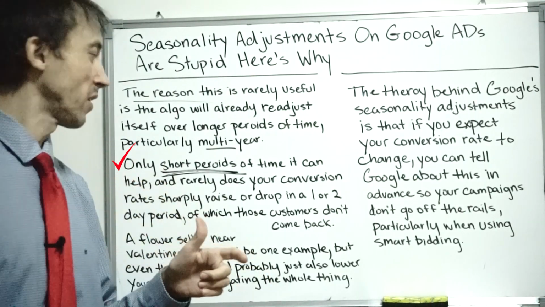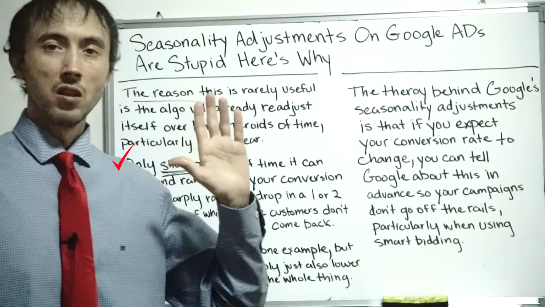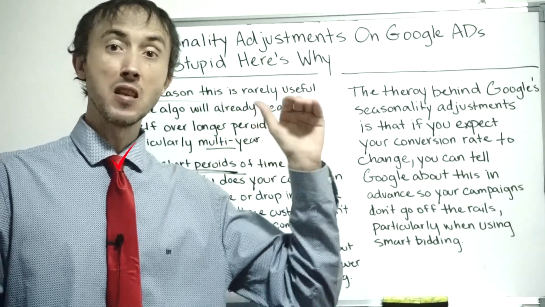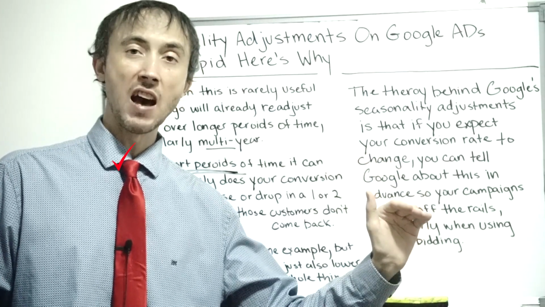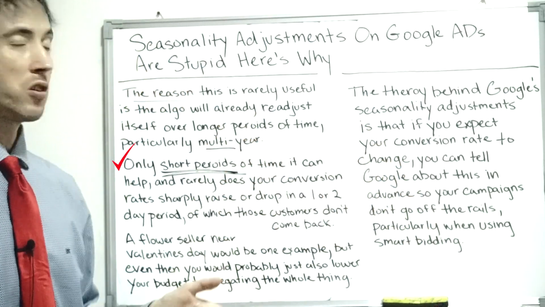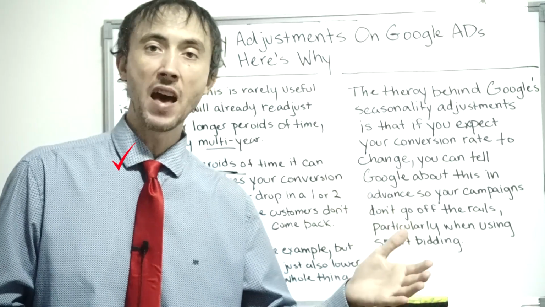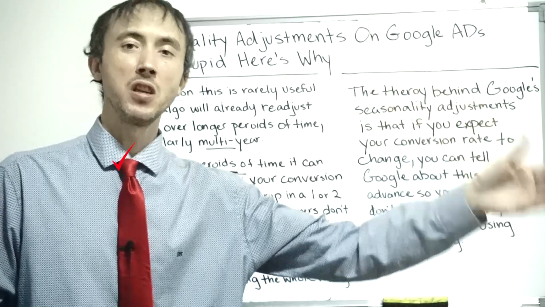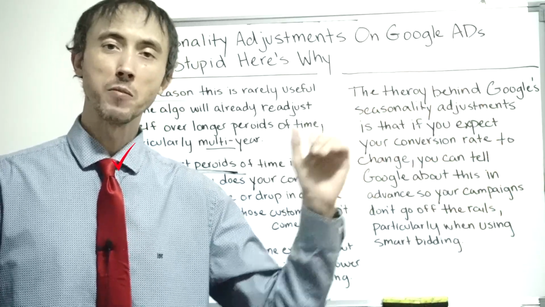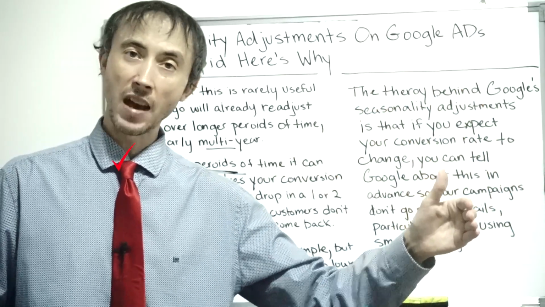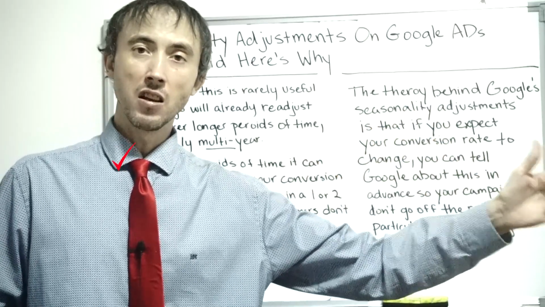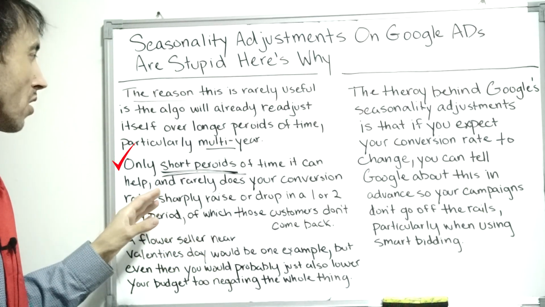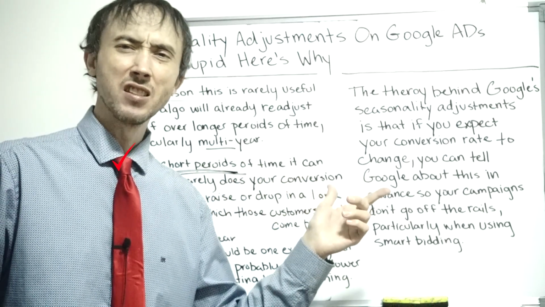If you were expecting your sales on December 15th to be 3%, and then on December 16th it would be 1.5%, that's the time when you could use seasonality adjustments, and it would help the algorithm, before you have multiple years of data built up in your account that the algorithm already accounts for as a trend. So that very rarely actually happens.